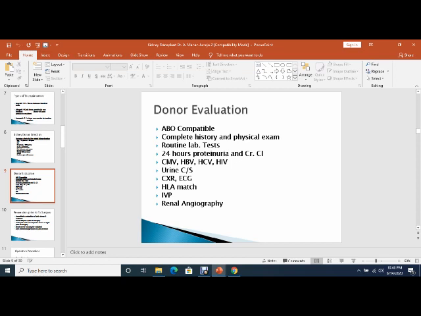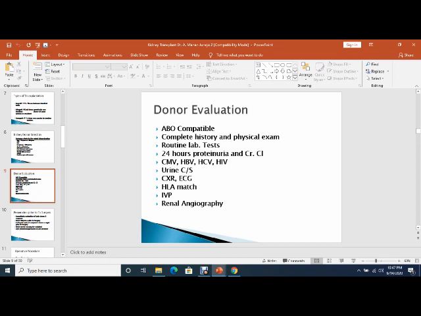Biocompatibility should be present, and routine lab tests: hematological, CBC, renal profile, liver profile, and 24-hour urinary protein and creatinine clearance.